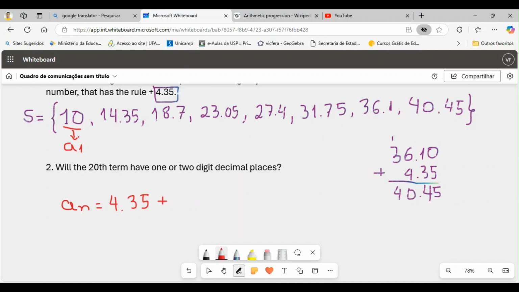If we had a previous number, a number before this 10, it would be 10 minus 4.35, because again the constant is 4.35. We can calculate this subtraction manually, real slow.